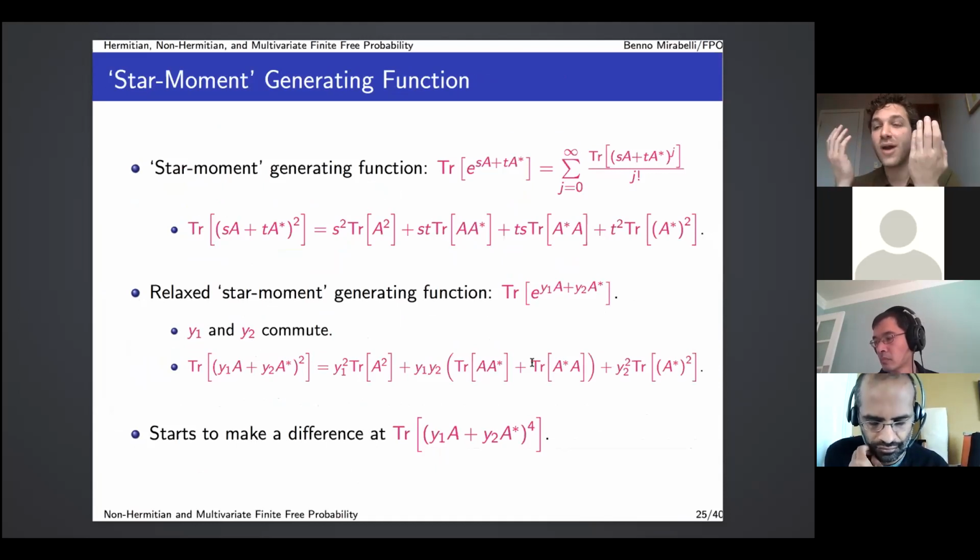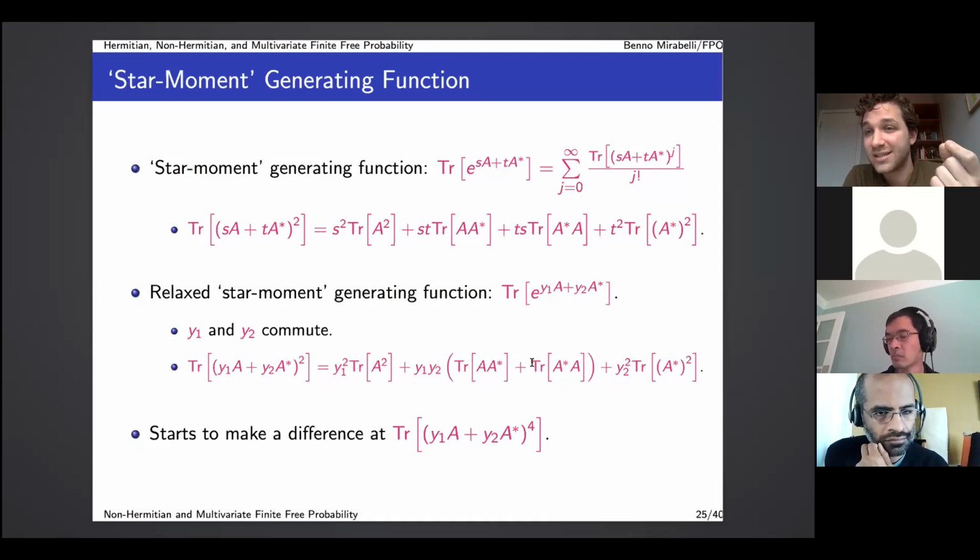So there actually might not be a commuting distribution in the classical sense, for a commuting variable, that has these relaxed star moments in the finite case. And yet in the limit, as it goes to infinity, those relaxed star moments converge to the relaxed star moments of the uniform distribution on the disk.